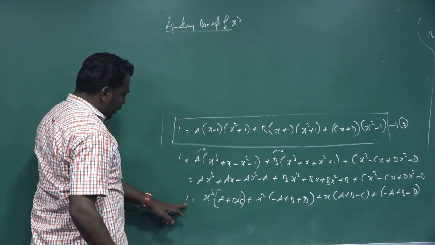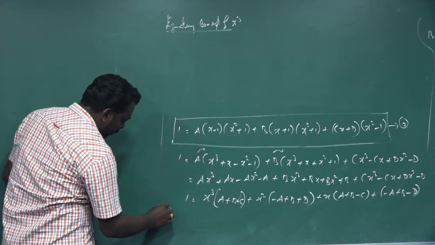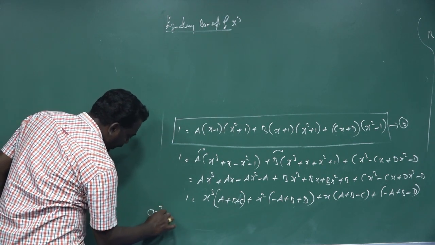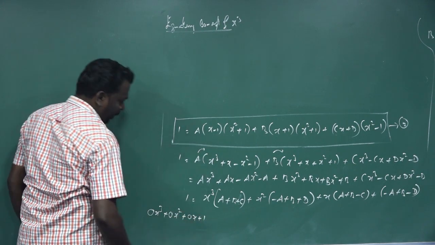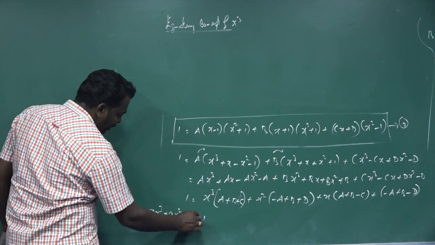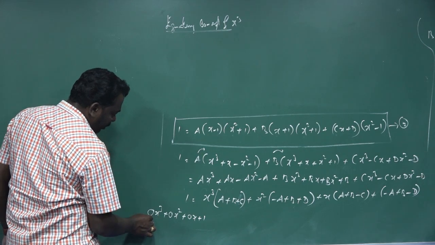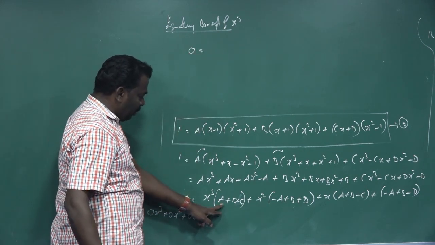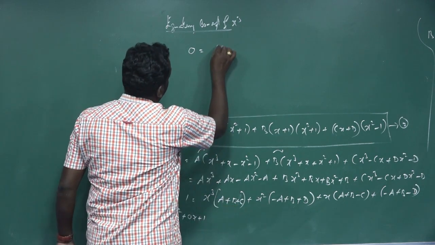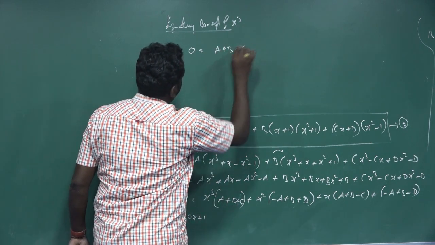What is the left hand side? We can rewrite it as 0x³ plus 0x² plus 0x plus 1. So the left hand side x³ coefficient is 0, which equals the right hand side a plus b plus c.